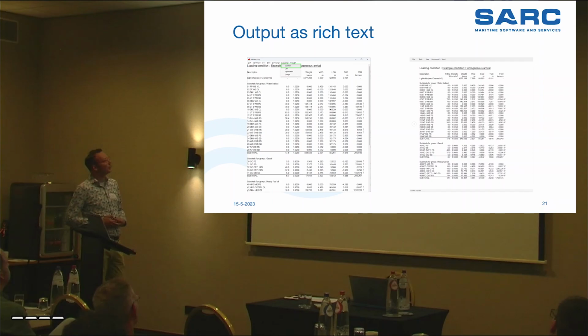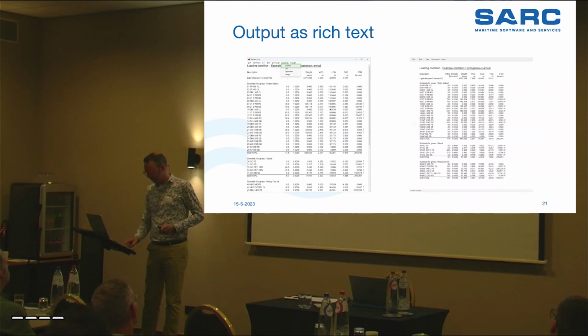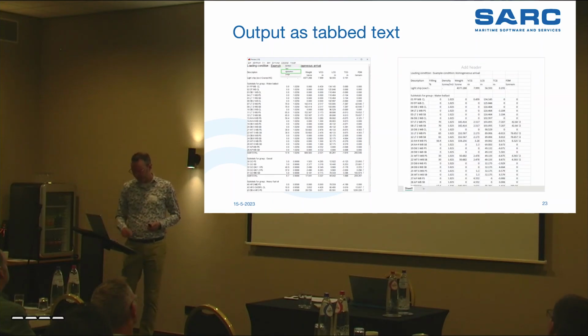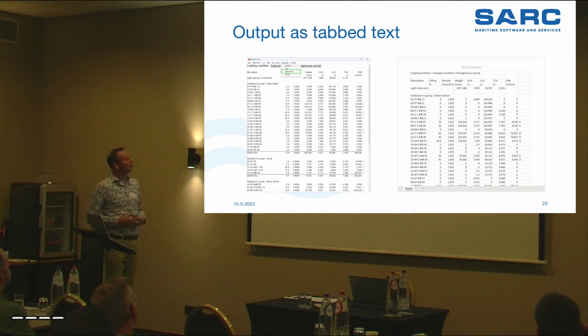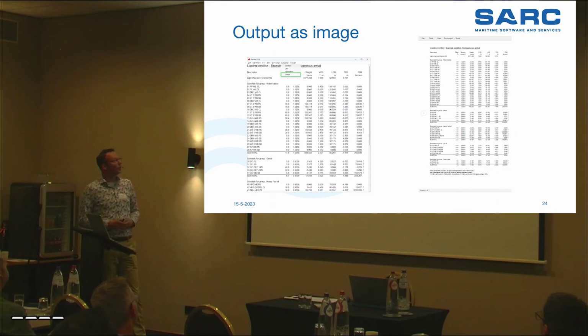Rich text is the kind of text that is used in Word or an equivalent text program. Text is just plain text, which one would use in Notepad. Tab text is to include the output in Excel, like shown on the right. And an image makes an image. I personally do not use this option at all, but I figured maybe somebody would find it easy to use.